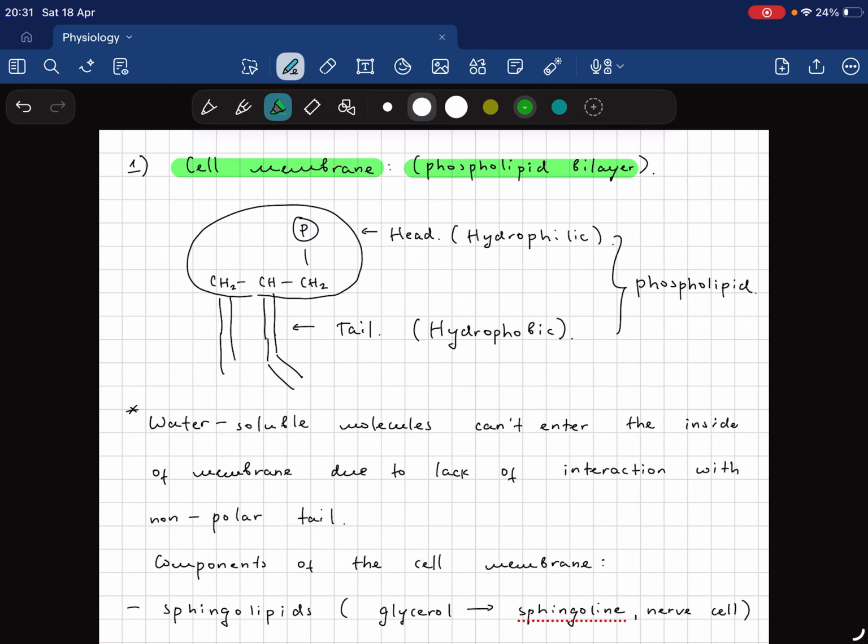If you break down the phospholipid, it consists of phospho plus lipid, meaning one phosphate group and one lipid, right? If we see the phospholipid structure, it consists of a hydrophilic head and a hydrophobic tail, and together they make the phospholipid.